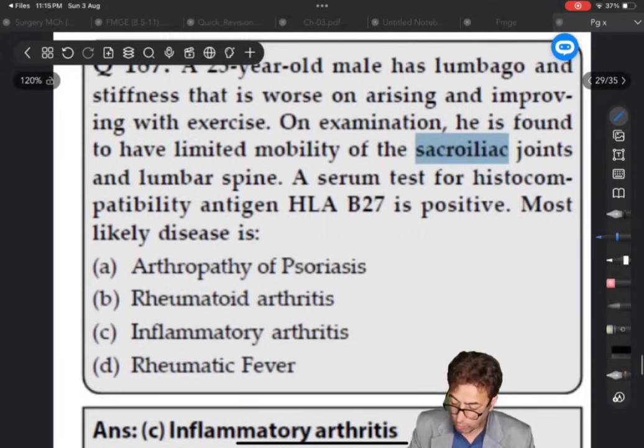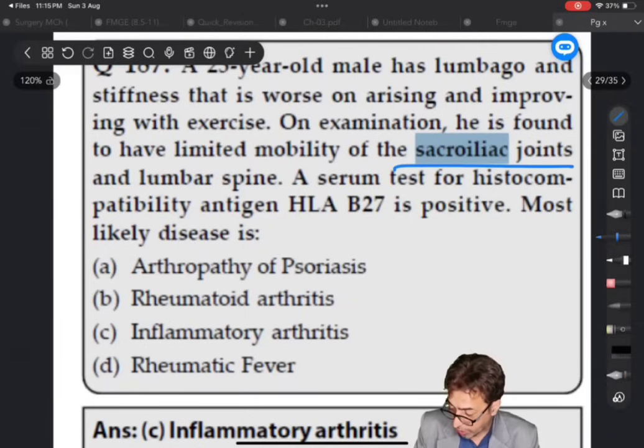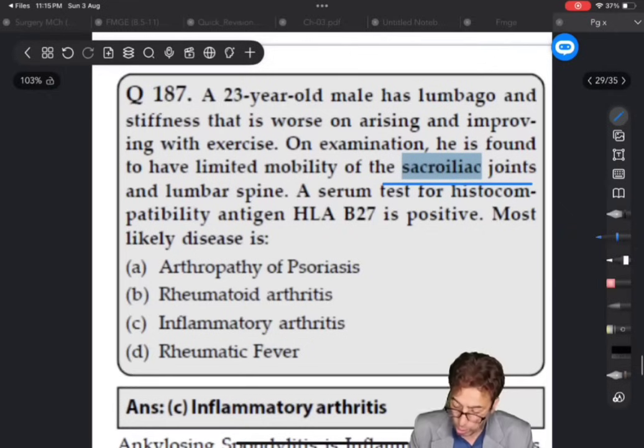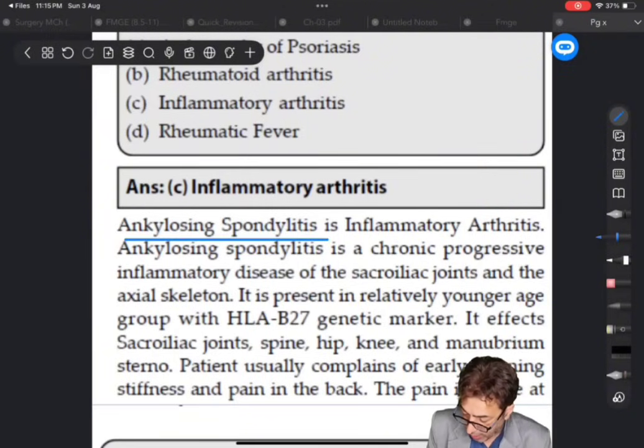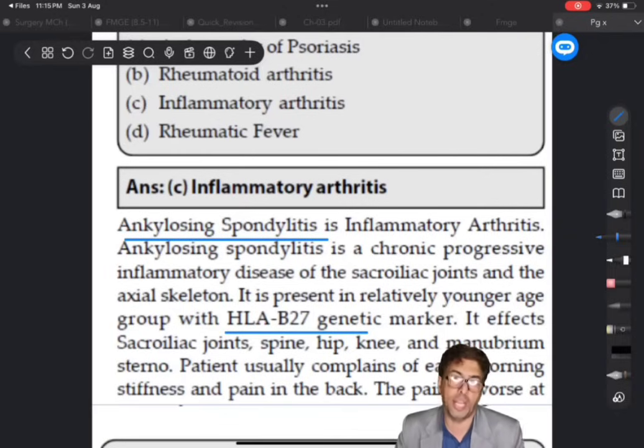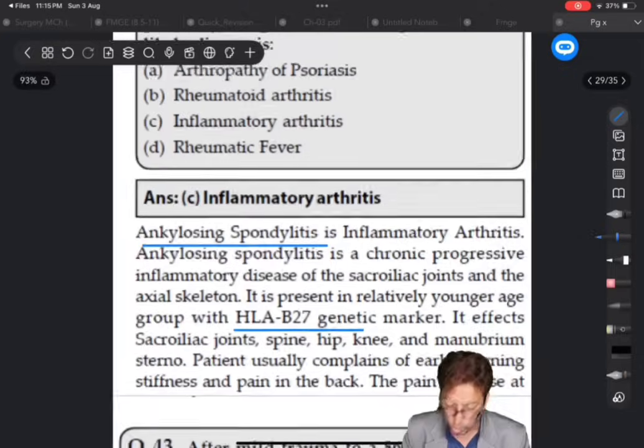Then there was an MRI which showed sacroiliitis, and you have to remember that sacroiliitis is usually associated with one important condition, which is ankylosing spondylitis, HLA-B27 association, and MRI is the best modality to diagnose sacroiliitis. So that's very important.